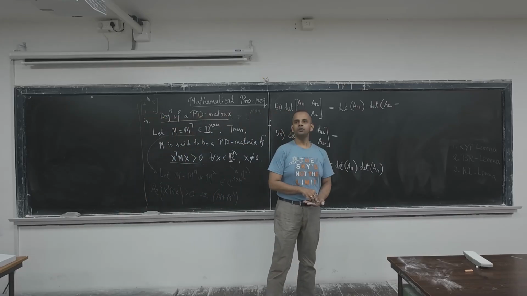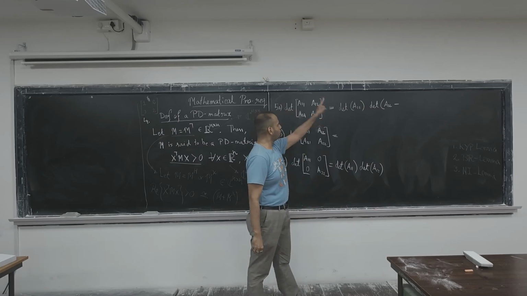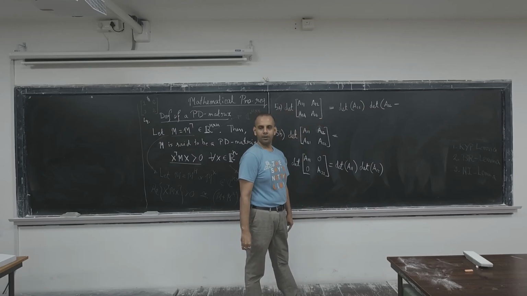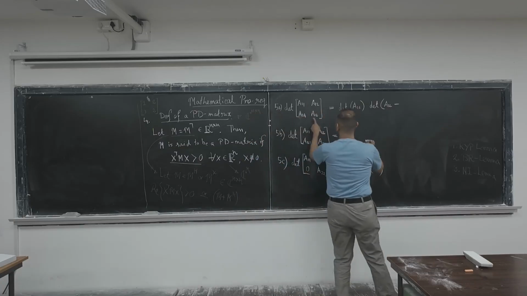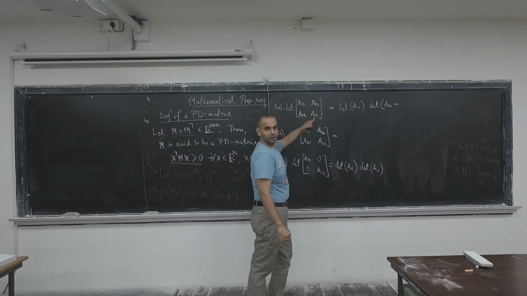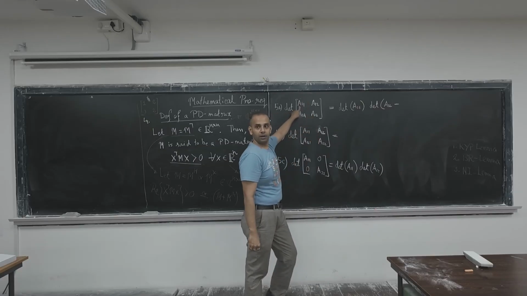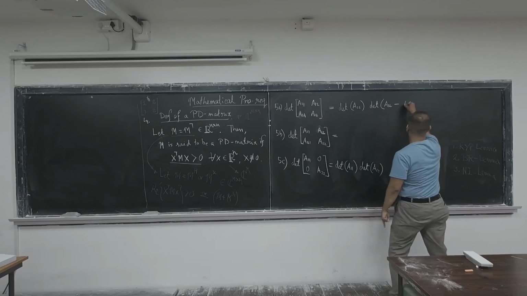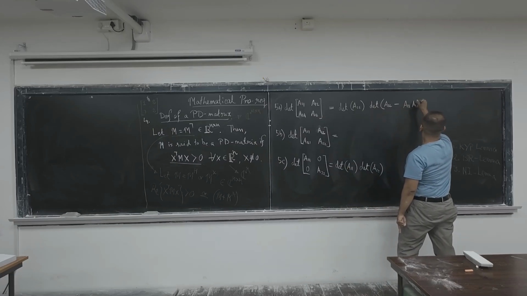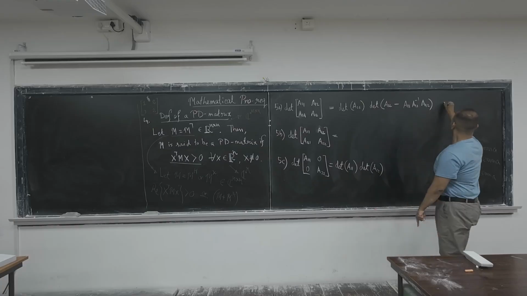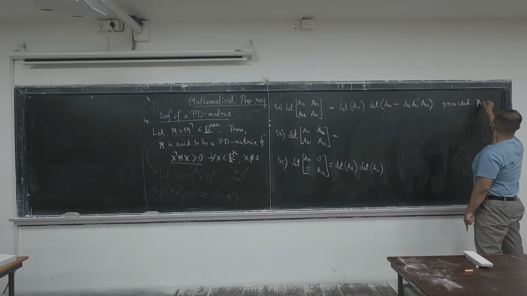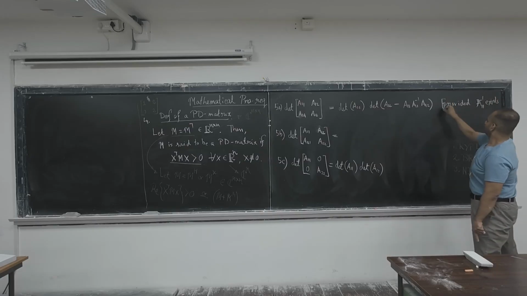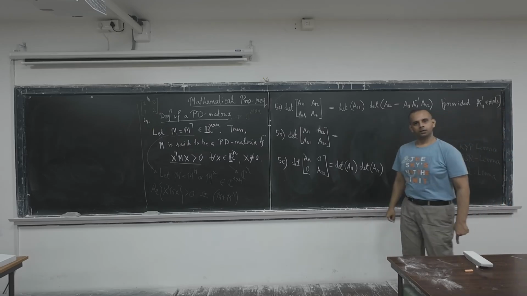Here you will need to apply the Schur complement. Why? Suppose A11 is invertible. Then what will be the Schur complement of the matrix with respect to A11? A22 minus A21 into A11 inverse into A12, provided A11 inverse exists.